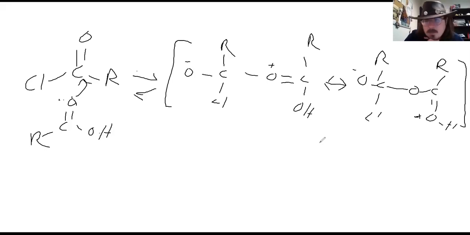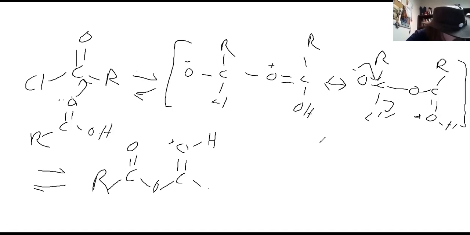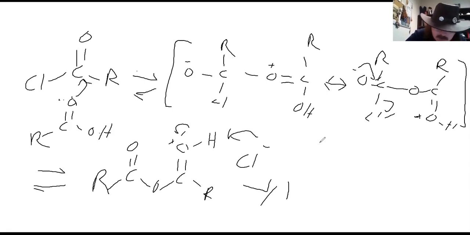Now from this, when it resonates to this form, this can shift down and kick this off. And that reaction gives us, we're almost fully at the anhydride, plus the chloride can then extract the hydrogen and make HCl gas.